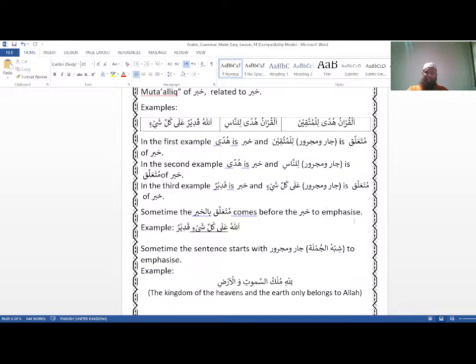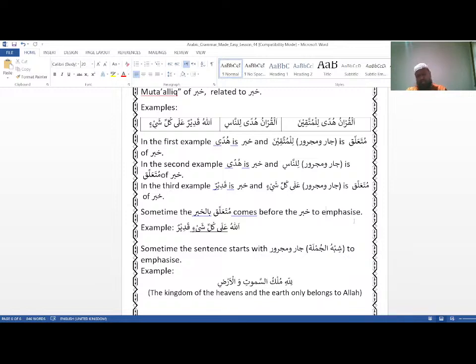For example, lillahi mulku samawati wal ardi. There's another way around: mulku samawati wal ardi lillahi. So mulku samawati is mudaf and mudaf ilayh, which becomes the mubtada. Lillahi jar majroor, murakkab jari, a phrase, becomes the khabar.